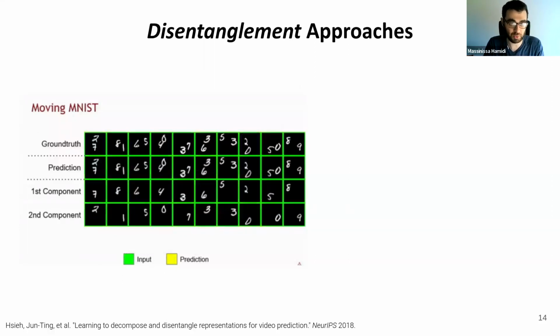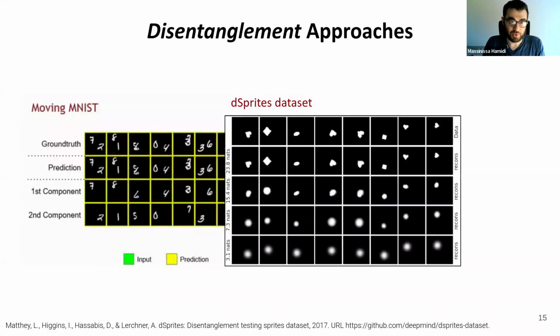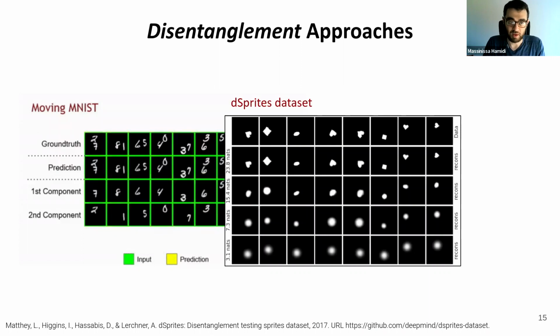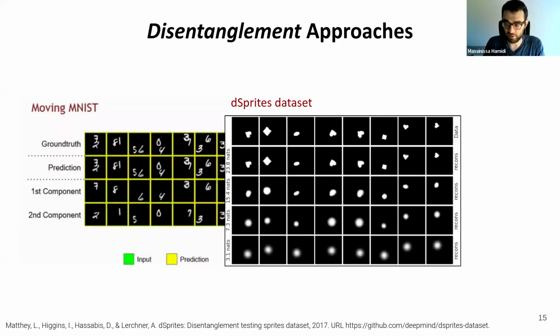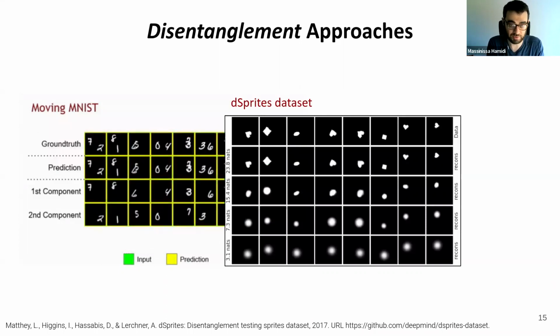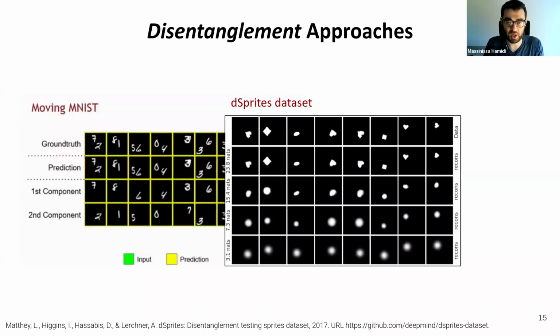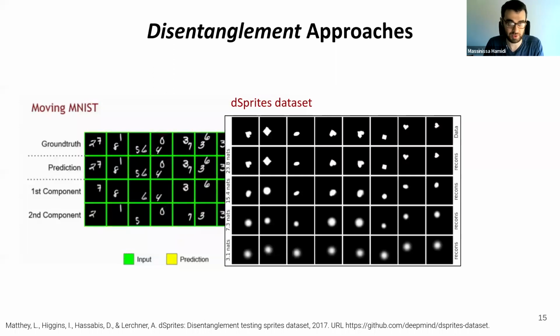Here we can see the Moving MNIST or the dSprites. These datasets consist of basic patterns, like digits from 0 to 9 in the case of Moving MNIST, and shapes such as hearts, squares, circles in the case of dSprites on the right figure.